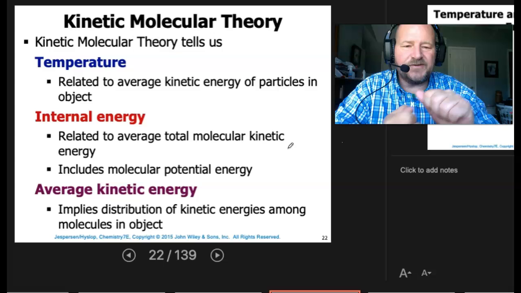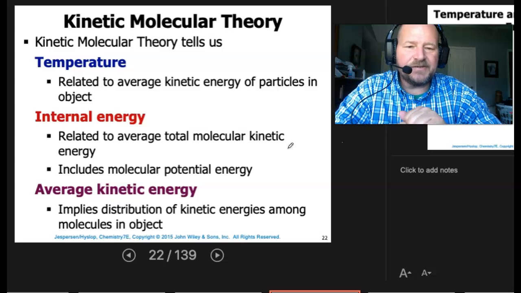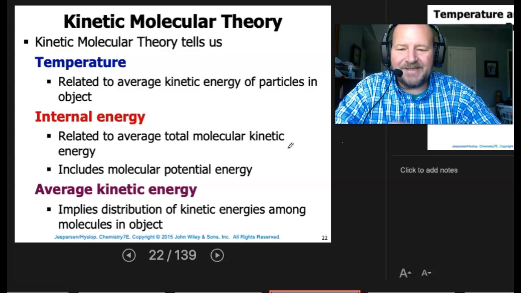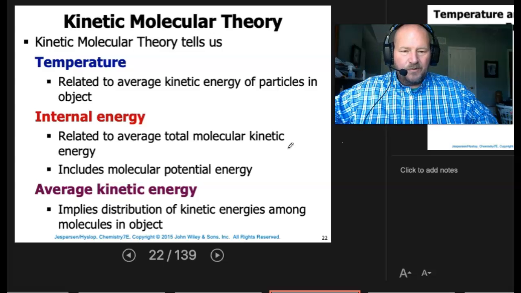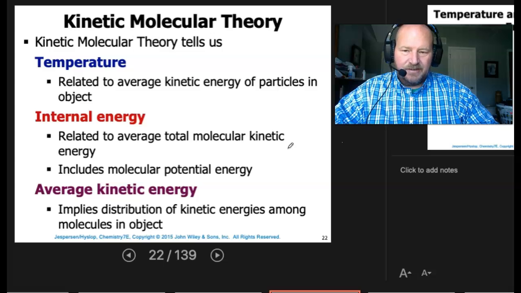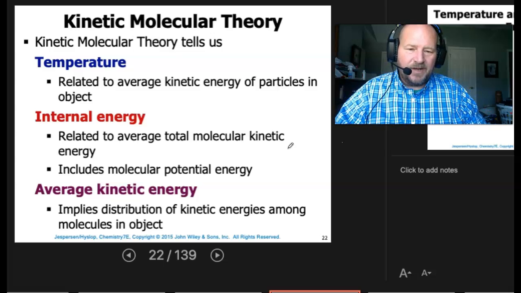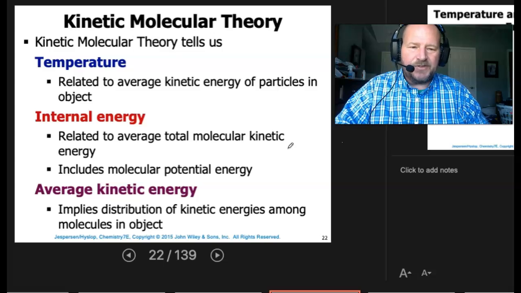So in other words, if there are any interactions within the molecule, say we have positive and negative ends, a polar molecule, the average kinetic energy implies the distribution of those energies among the molecules in the object. So if my table has energy, its kinetic molecular energy is across the entire table on the molecular scale. All the molecules are averaging out to the same speed and temperature.